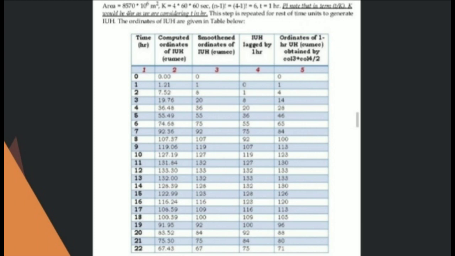Note that the term t over K would be t over 4 as we are considering t in hours. This step is repeated for the rest of the time units to generate the IUH. The ordinates of IUH are given in the table below.